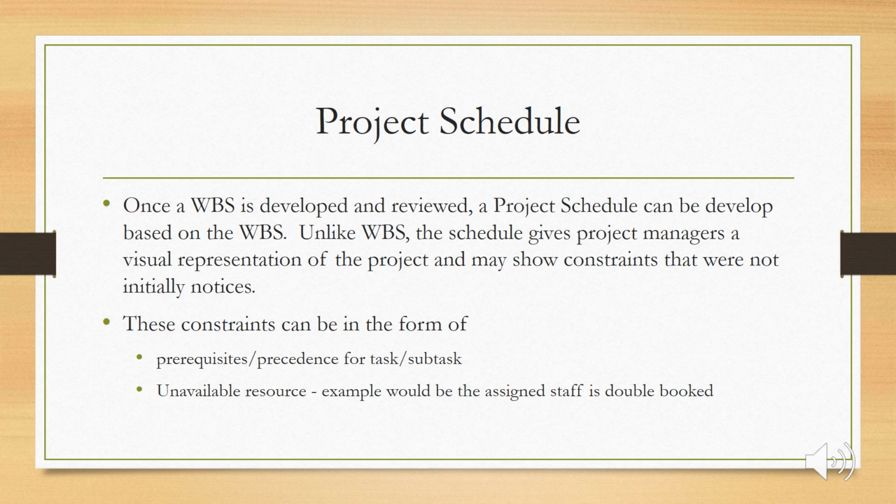Usually, these constraints are due to resource assessments between tasks and subtasks, where a staff member with a specific set of skills is tasked with two tasks scheduled during the same time. Obviously, that staff member cannot be double booked. He can only work on one task before he can move on to the next one.